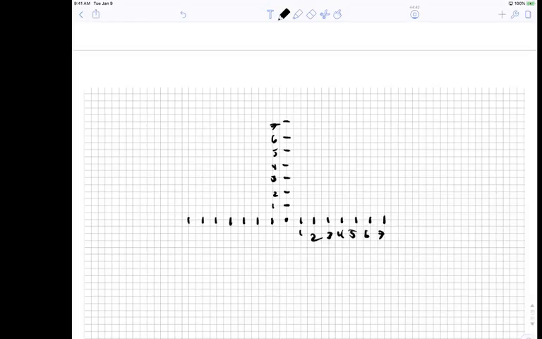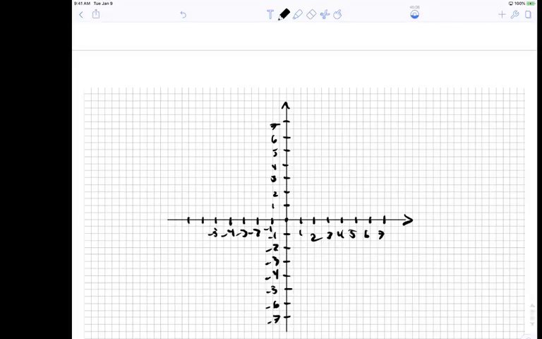Okay, so then this goes from here to here. I think this is okay. It should work. And then this is -1, -2, -3, -4, -5, -6, -7 in each direction. Okay, and this is the origin.